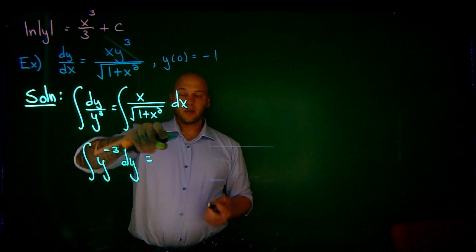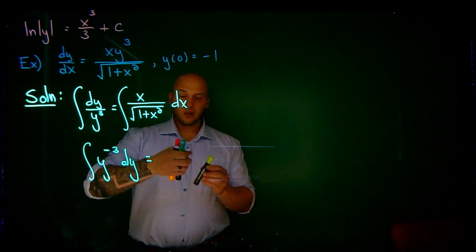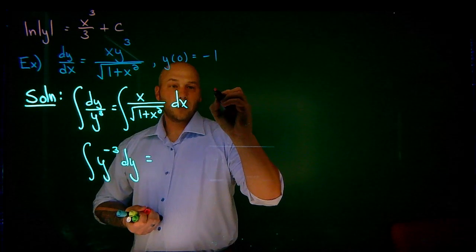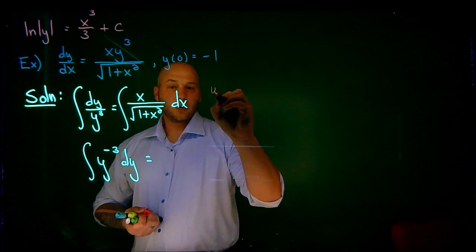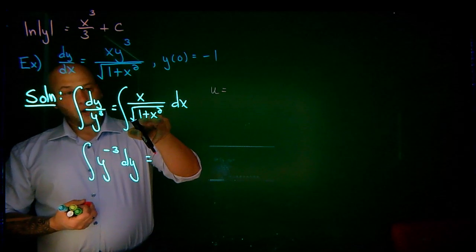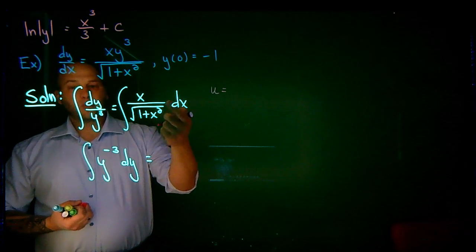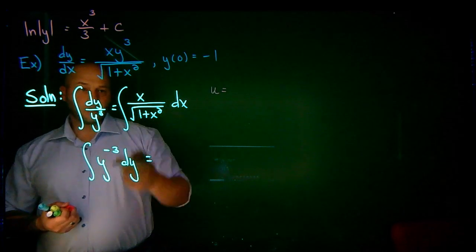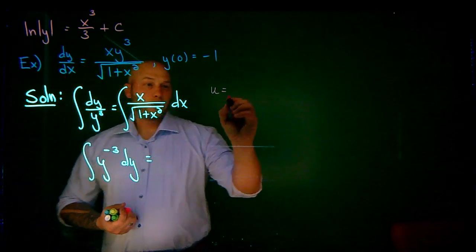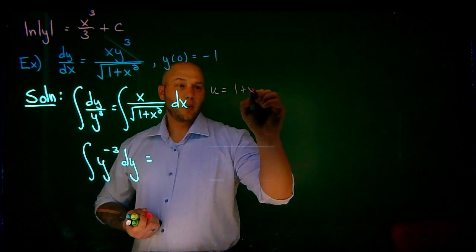On the right-hand side, notice that this is applicable for a u substitution. Notice that the derivative of the inside function of the radical, up to a constant factor, appears as a factor of the integrand. So therefore u is going to be 1 plus x squared.